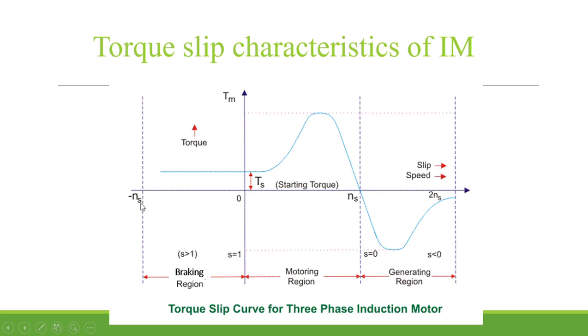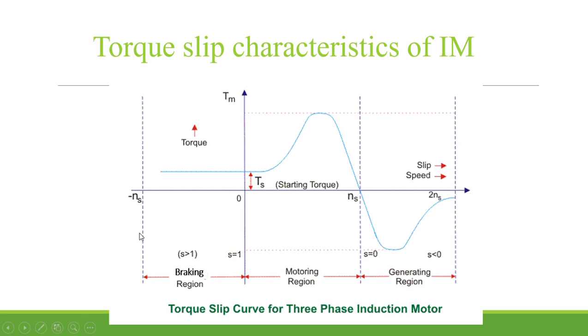Okay, and here when the rotor speed is negative of synchronous speed, slip will be equal to 2. If you put nr as minus ns, then you will get slip as 2. So in this region slip is greater than 1. In braking mode, if you change the polarity of the supply voltage, the motor will start rotating in the reverse direction.